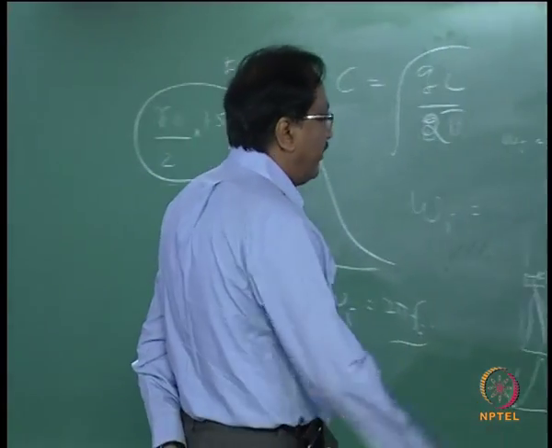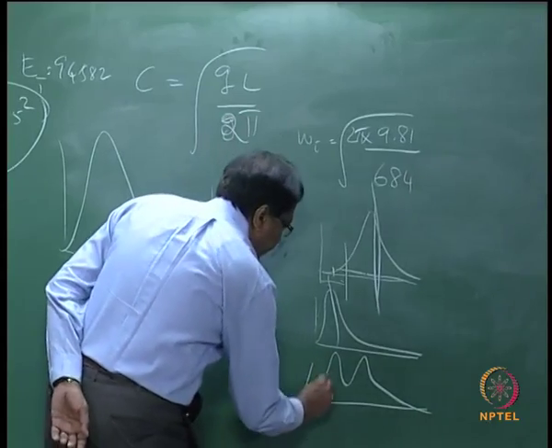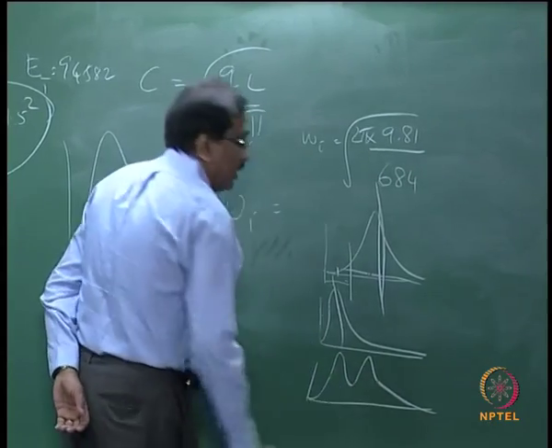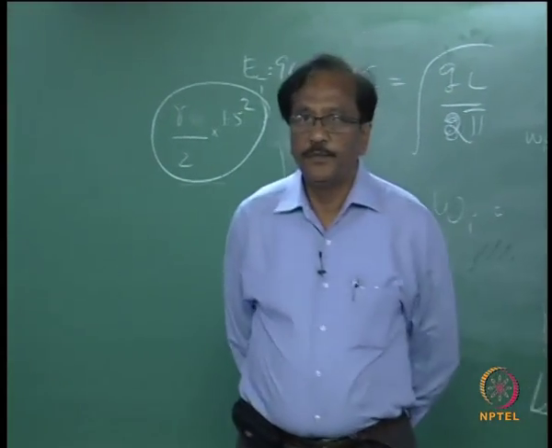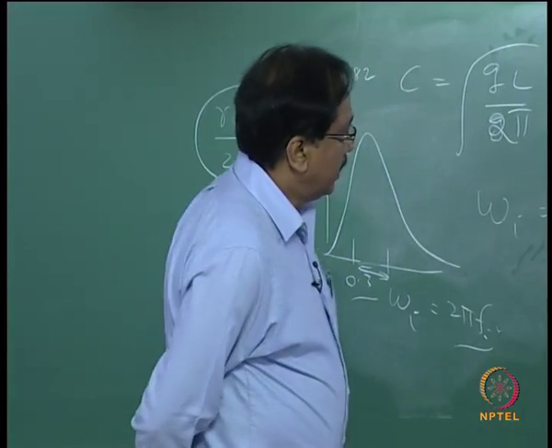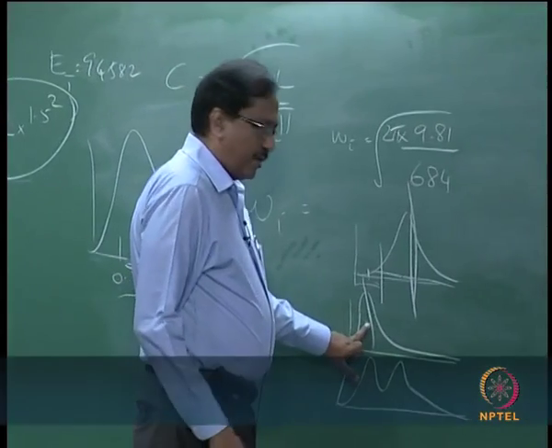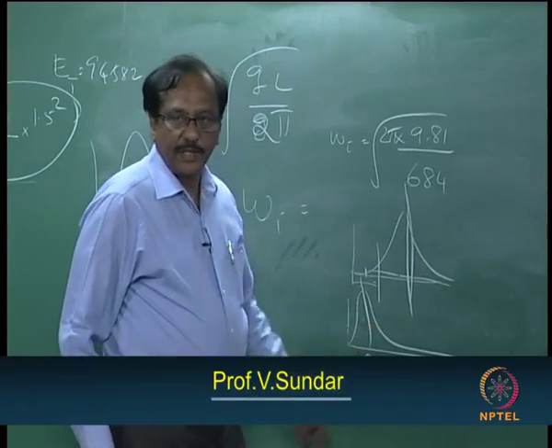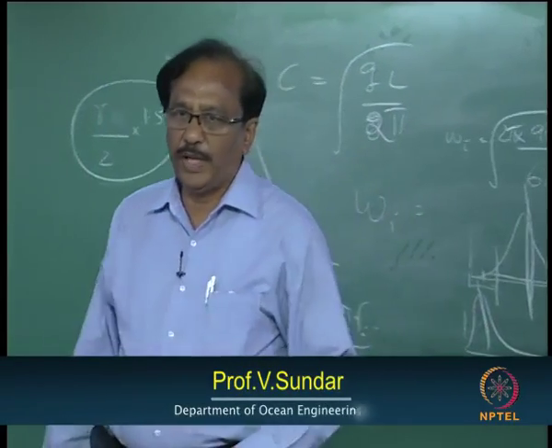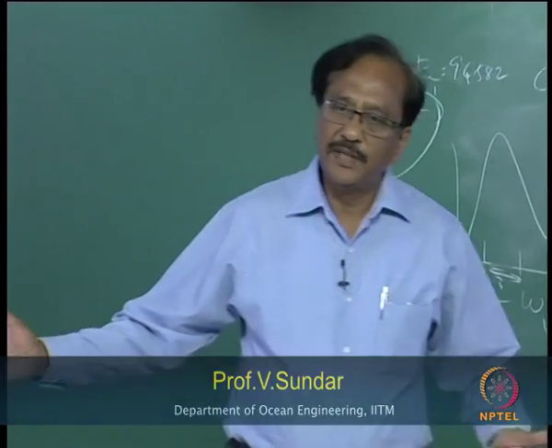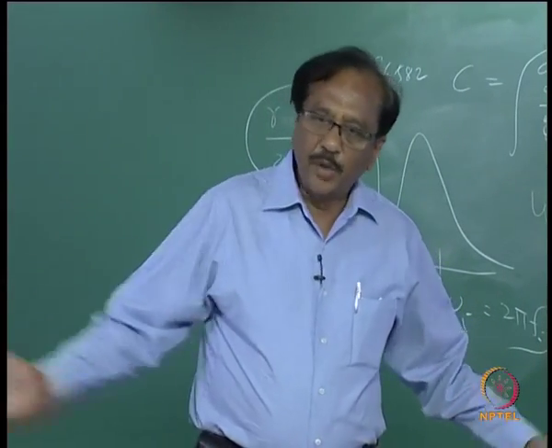For each frequency band I can get the energy content, and also the existence of swell at low frequencies. If you have a low frequency component like this, it is nothing but the existence of a swell. What is a swell? Swell is wave which is outside the fetch.